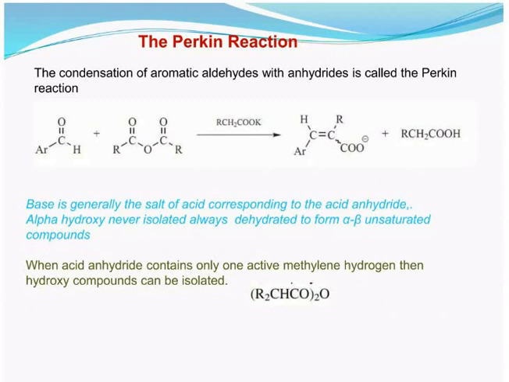The base is generally the salt of the acid corresponding to the acid anhydride. Alpha hydroxy compounds are never isolated, always dehydrated to form alpha beta unsaturated compounds. When the anhydride contains only one active methylene hydrogen, the hydroxy compound can be isolated.